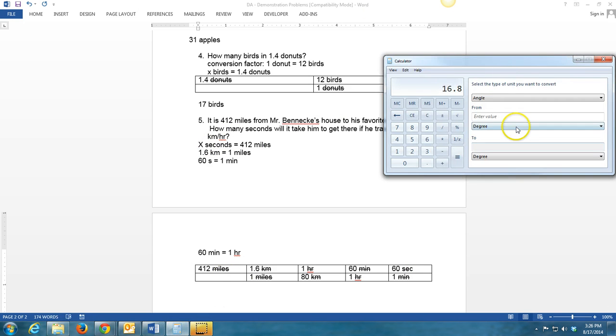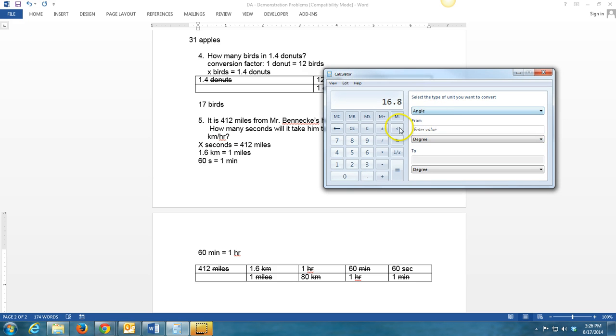I can bring in my calculator now, and I can do the math. I've got 412 times 1.6 equals, and then it's times 1, so I'm not going to enter that one, but times 60 times 60. And then I need to look at what's on the bottom.